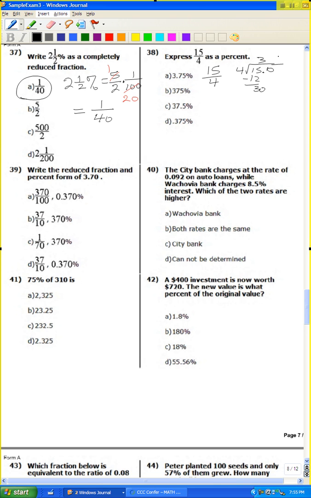Drop down to 0. 7. 28. Add another 0, 20. So 5. 0. So this is equal to 3.75. I want to write it as a percent, so let me move my decimal 2 places over. And so I get 375%. And so my answer is B.